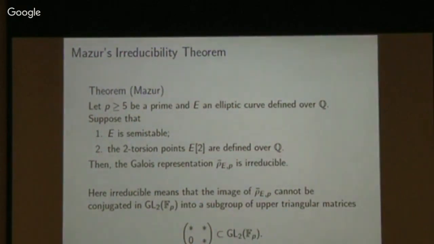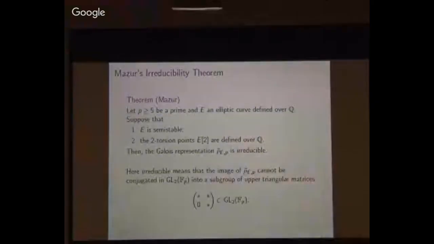So the image is big enough such that it doesn't fit in there. So this is a very important theorem. Okay, so this finishes the crash course in elliptic curves.